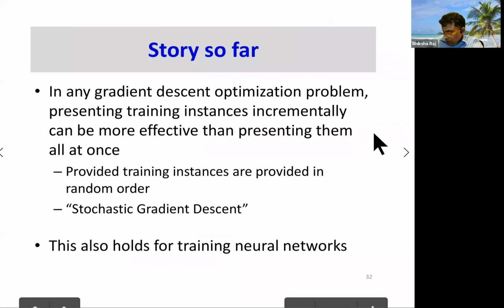And so the story so far, then: any gradient descent optimization problem presenting training instances incrementally can be more effective than presenting them all at once, provided training instances are presented in random order. So this is stochastic gradient descent. Now this is for any gradient descent optimization problem, not just for neural networks. And as a general principle, it also holds for neural networks.